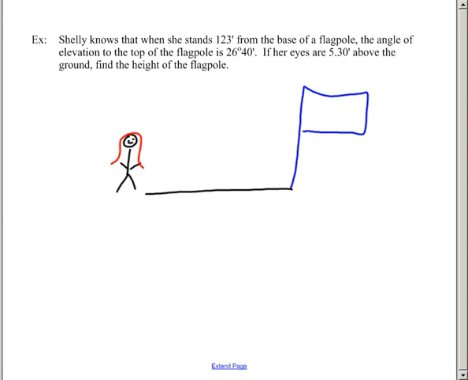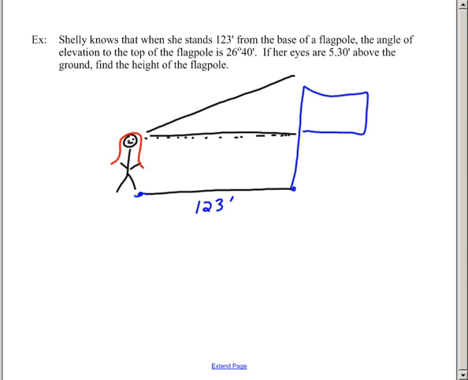Now, we know that this is 123 from the base of the flagpole to her. That's the distance. They also told us that the angle of elevation to the top of the flagpole is 26 degrees 40 minutes. That is from her line of sight. So here is her line of sight, horizontal, and the angle of elevation upward to the top of the flagpole. Sorry, I can't draw.